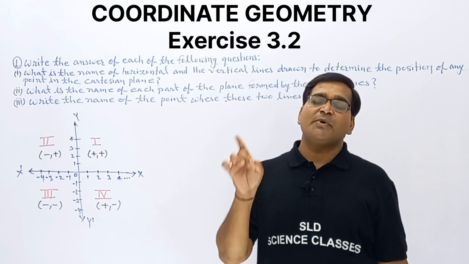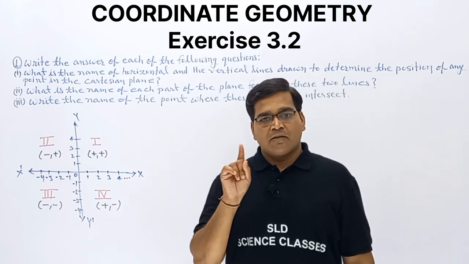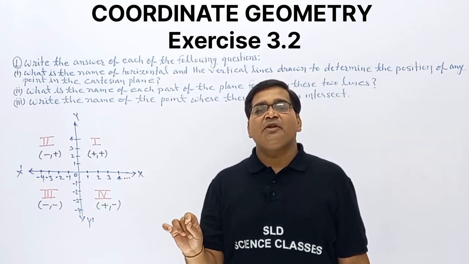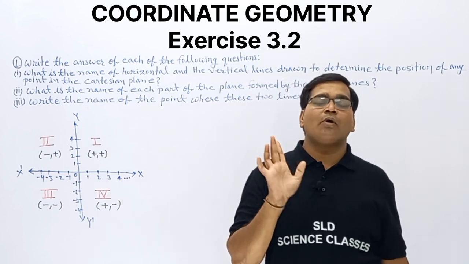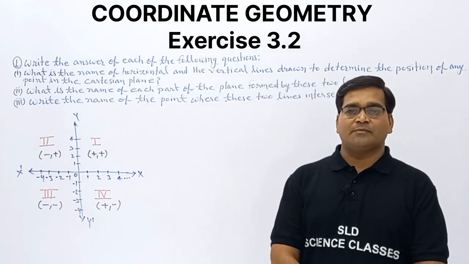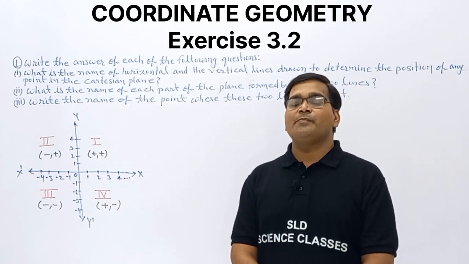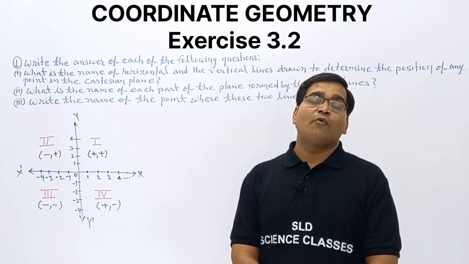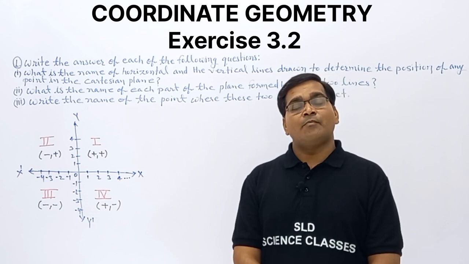This chapter, coordinate geometry, is based on the Cartesian system. What about these perpendicular lines? They are number lines.